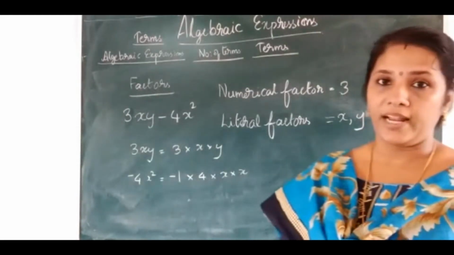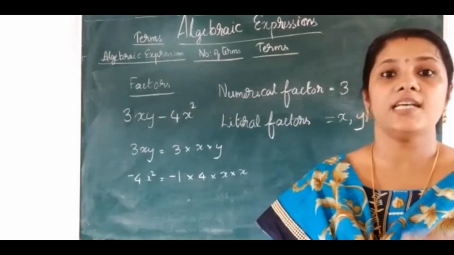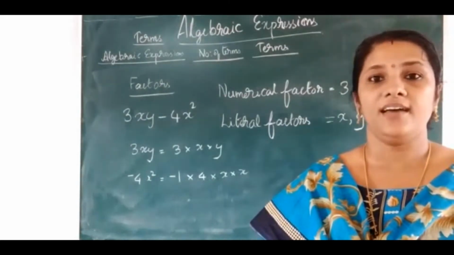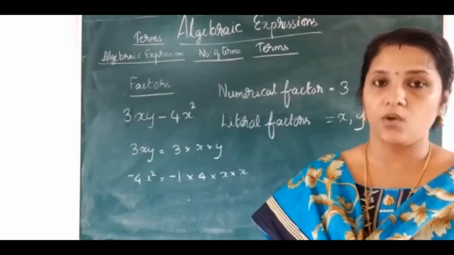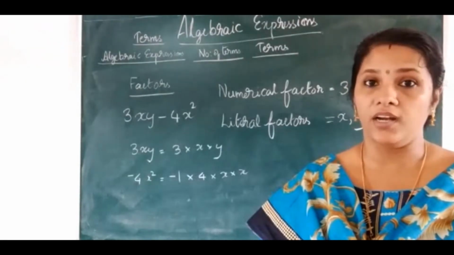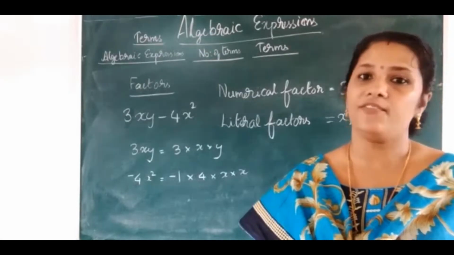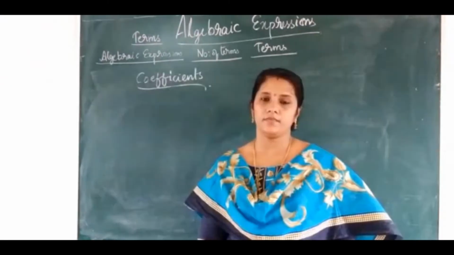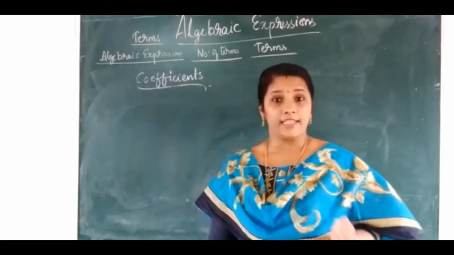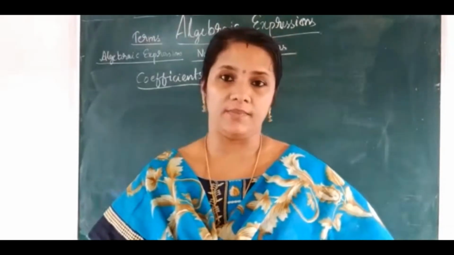So the numeral involved in the product we can call the numerical factor, and the variables or the literals involved in the term, or in the product, we can call literal factors. Another important term we are going to learn is coefficient.